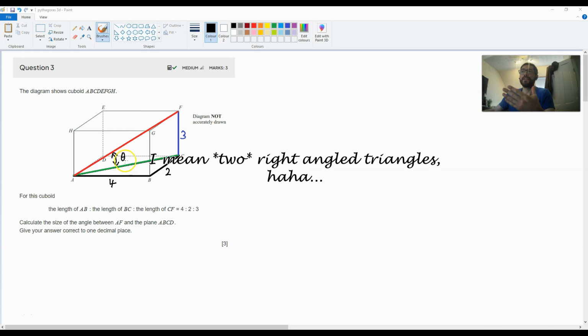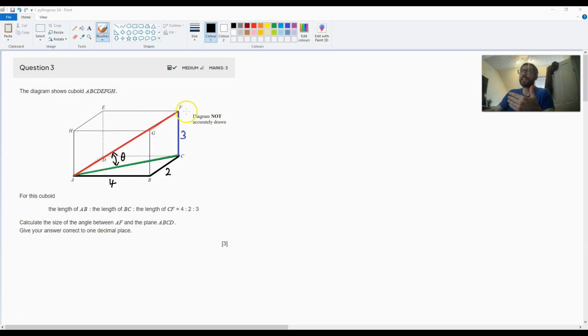And what we're trying to do is find the angle theta between A and F of this second right-angled triangle up here. Now, to get this angle theta, we are going to need to do opposite over adjacent. So tan theta is opposite over adjacent.